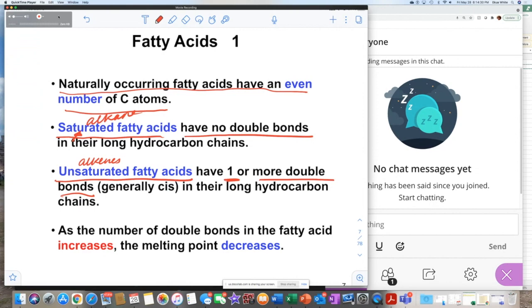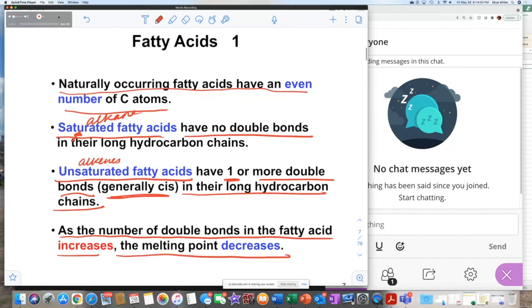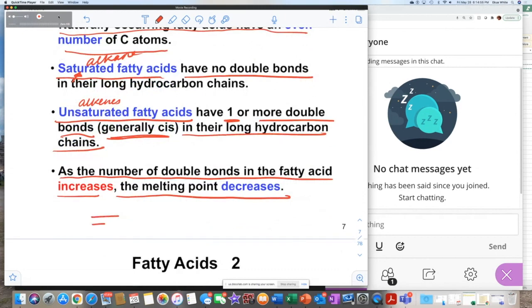And for the most part, we tend to see either cis or even trans, because remember, we do have trans fats. So trans fats will have that double bond with the large molecules diagonally across from each other in their long hydrocarbon chain. As the number of double bonds in the fatty acid increases, the melting point decreases. What is being said here is the double bond causes the molecule to somehow have a lower melting point.